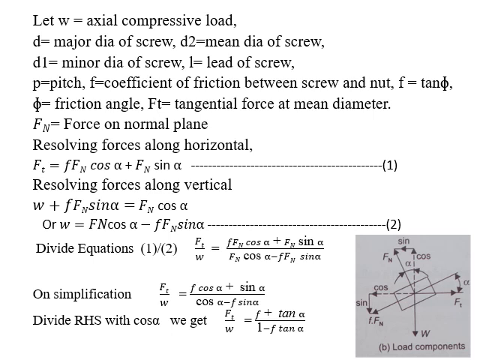Or if you divide the right hand side by cos alpha, we get Ft by W is equal to f plus tan alpha divided by 1 minus f tan alpha. So what you have to do is divide and multiply by cos alpha to arrive at this equation.